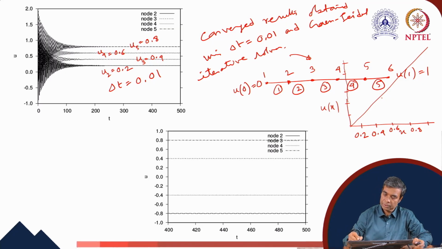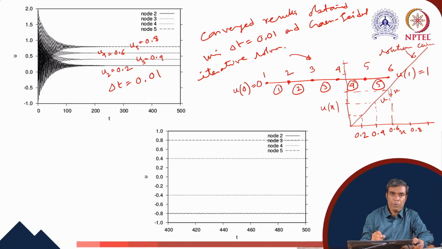So this is the solution, u equals x. We get this kind of a solution, a linear distribution. So when x equals 0.2, our solution is also 0.2. So we get a y equals mx kind of a relationship. So this is the solution curve.